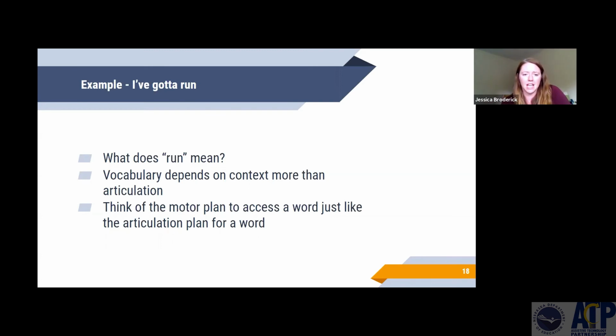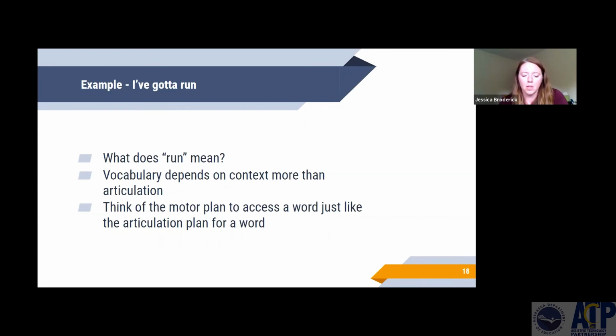Asking students to say run, if you mean it as in the exercise, you would need to use a retroflex R with your tongue tip back, but if you're talking about run as in gotta go run, you'd use a bunched R. That's not something we would teach kids. So we wouldn't want to teach them that during this activity, run is on the top left of the page, but during this other activity, run is on the top right. If you do end up planning some activity-based pages, keep things as consistent as possible.